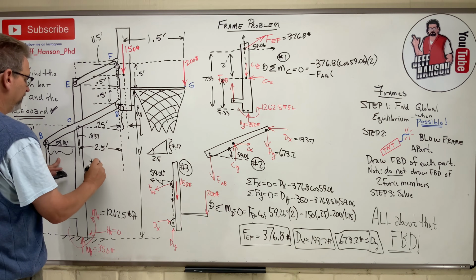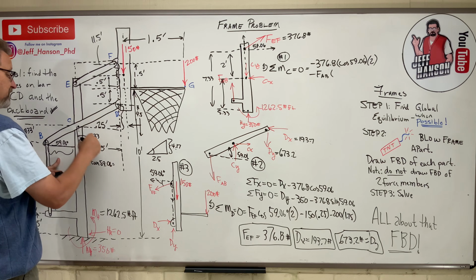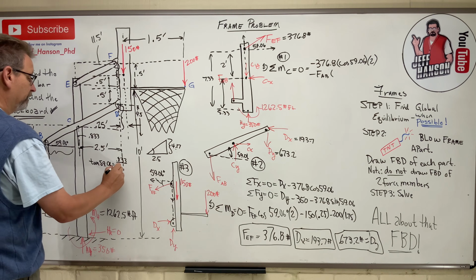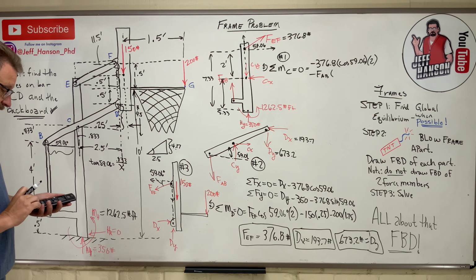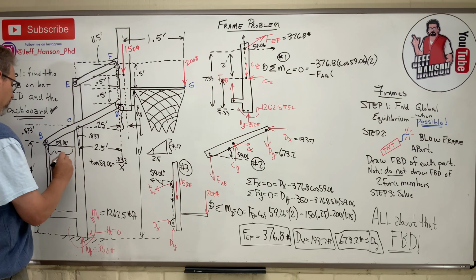Tan 59.06 is equal to opposite 0.833 divided by that little distance there. So 0.833 divided by the tangent of 59.06 is 0.5. This distance is 0.5.